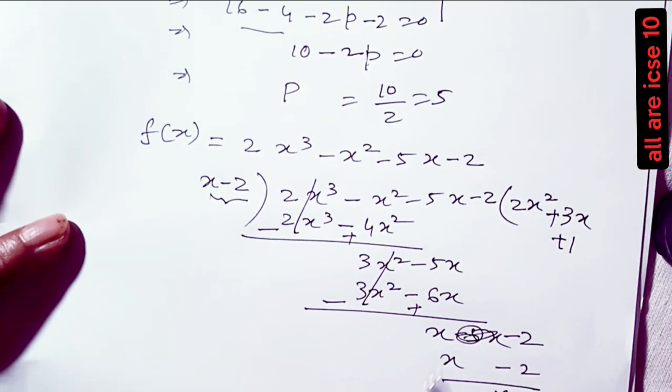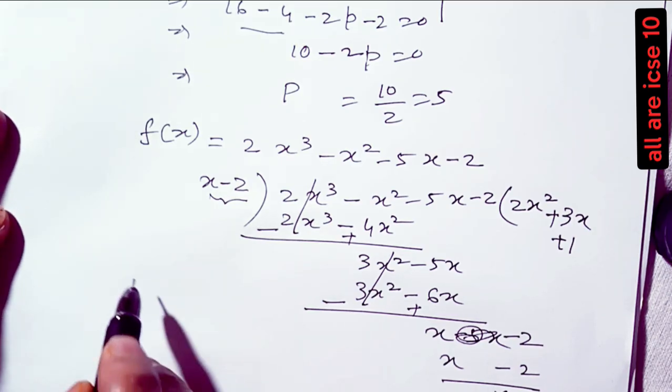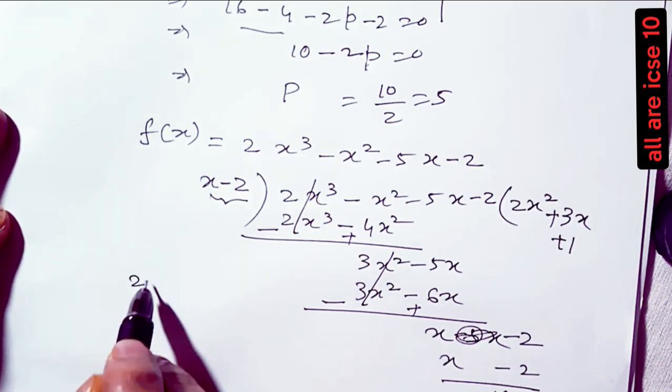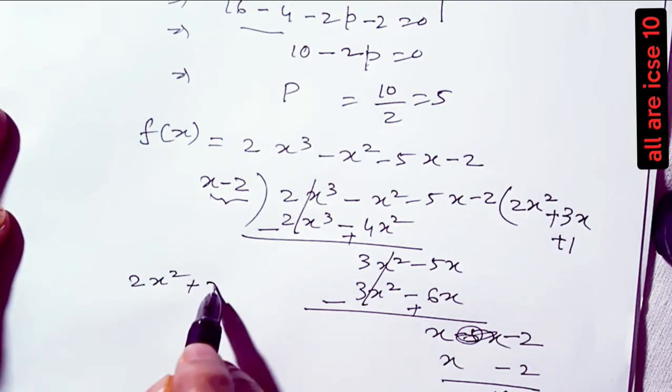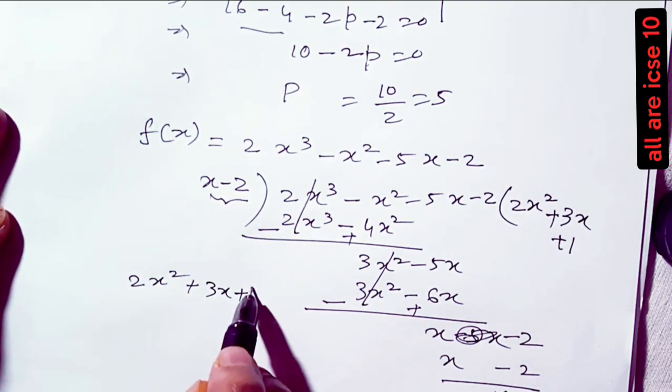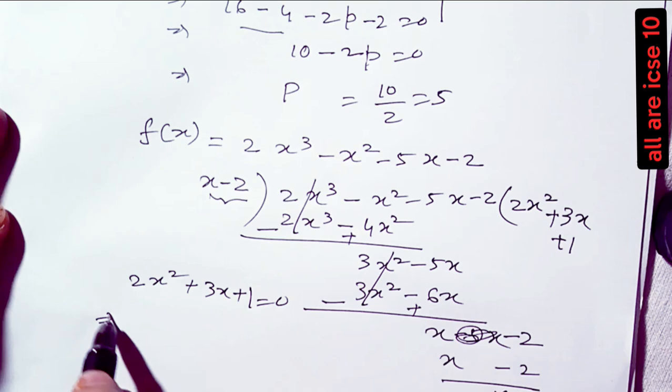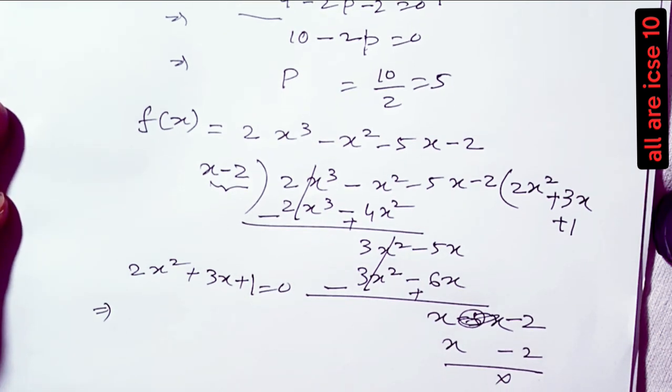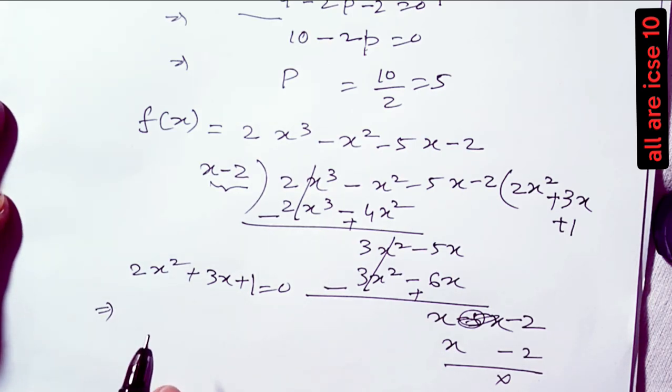So here x minus 2 comes one time, x minus 2. So we get a quadratic, 2x square plus 3x plus 1 equal to 0. Now using middle term factorization, we find the other two factors of our given polynomial.